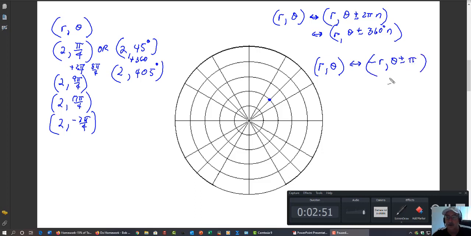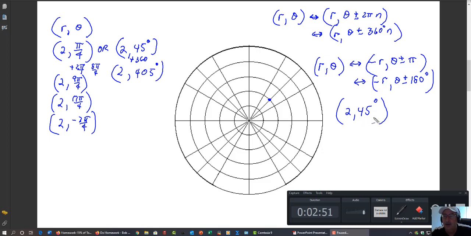Of course, in degrees, here's what this would look like: if the r value is negated and you add or subtract 180 degrees. So let's go ahead in degrees on this one, and we'll stay with this point, (2, 45°), for demonstration purposes.